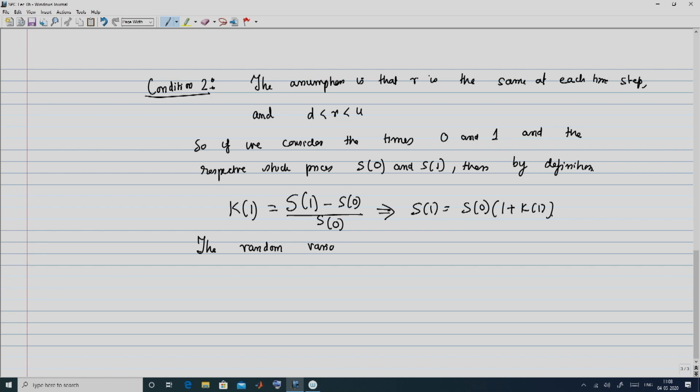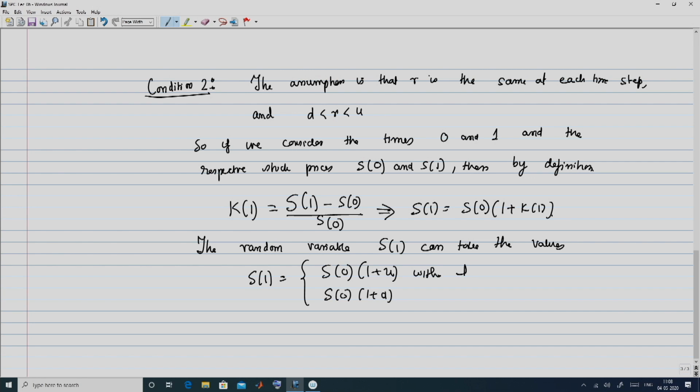So, the random variable S1 then can take the values S1 is equal to S0 into 1 plus u and S0 into 1 plus d with probability p and with probability 1 minus p.